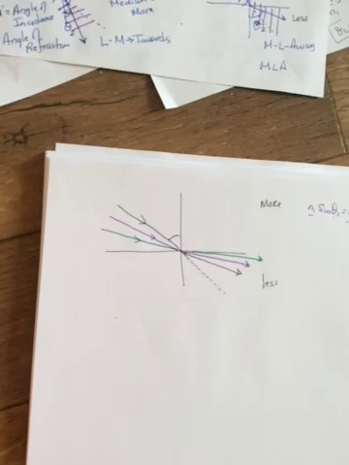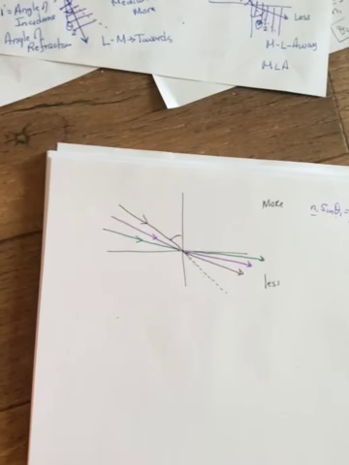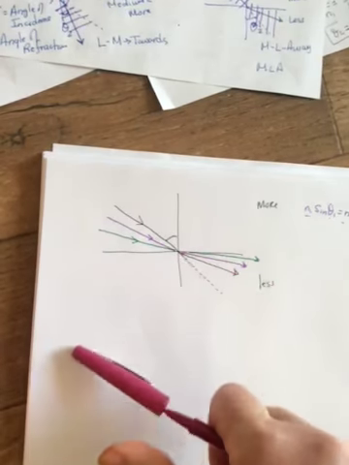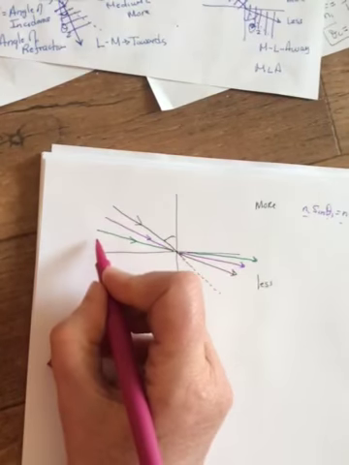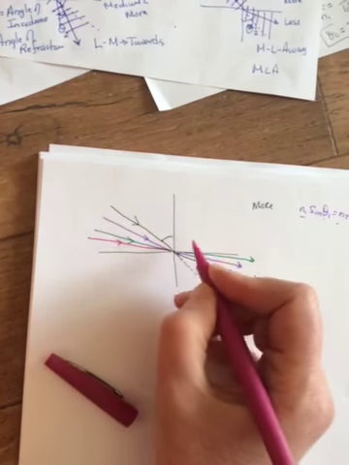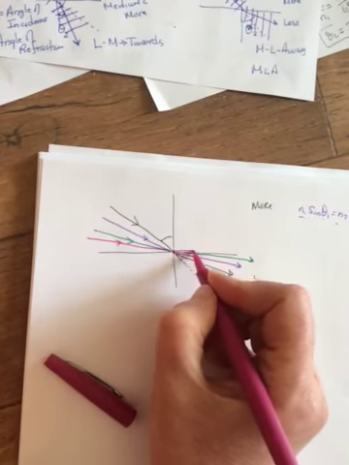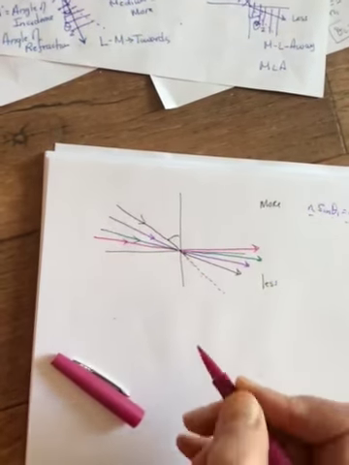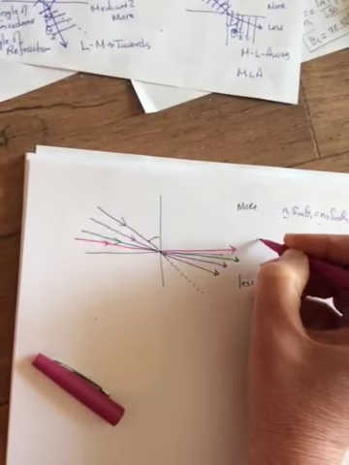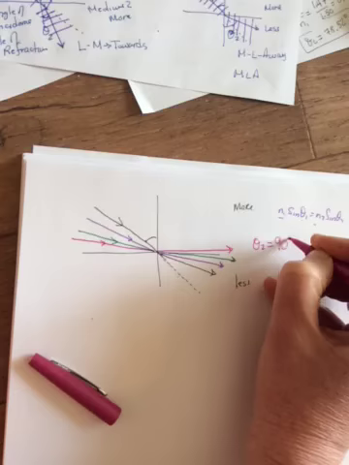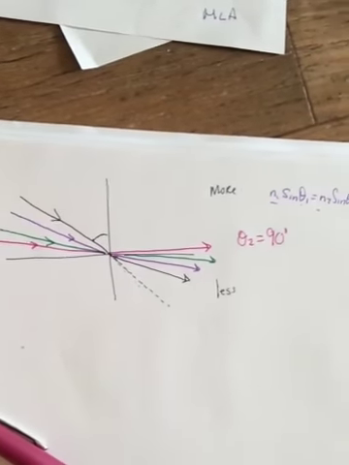And hopefully you can see that as I keep increasing theta 1, theta 2 will keep increasing until finally I will come to an angle of incidence where the refracted ray will go right along the surface, where the angle of refraction, theta 2, will be equal to 90 degrees.